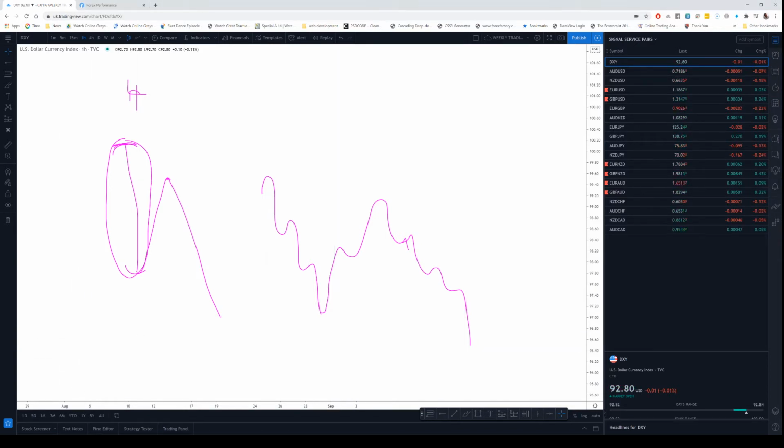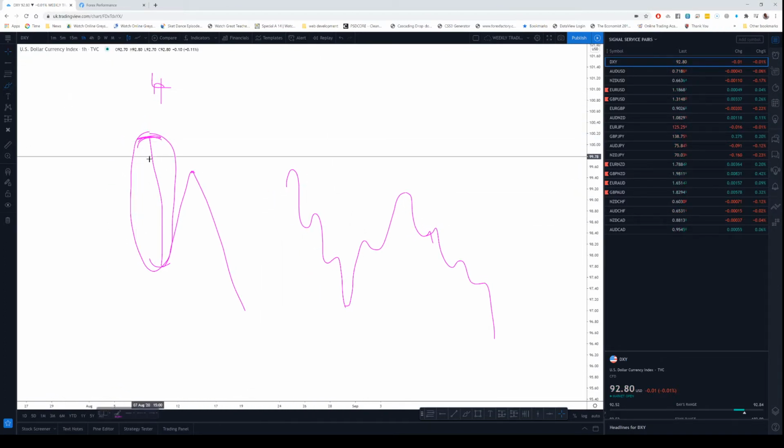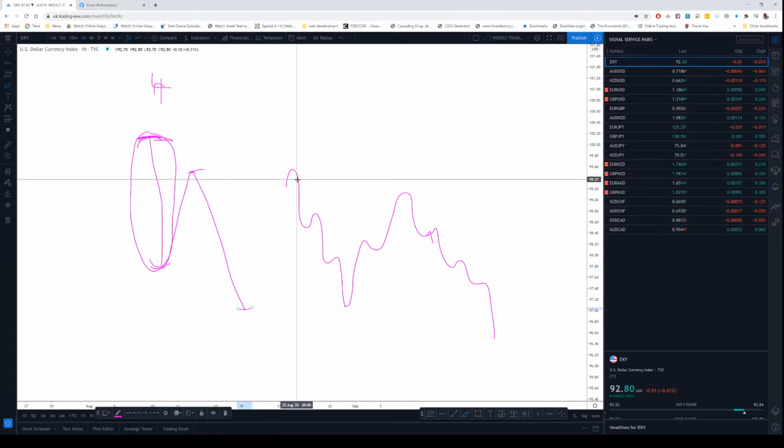So if we understand that this is a 4-hour swing high, swing low, 4-hour swing high, swing low, then what makes the swing highs and swing lows inside this 4-hour? That's what we're talking about here, market structure.